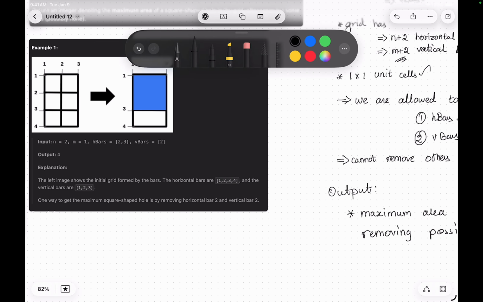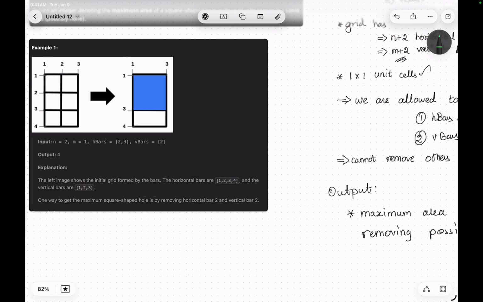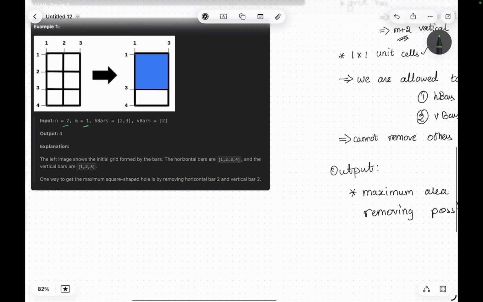Let me change the color of my pen. So we have n as 2 and m as 1, right? So because of that we are getting n plus 2 and m plus 2, and because of that we are getting the grid, and we have hBars as 2 and 3, which means we can remove 2 and 3, right?